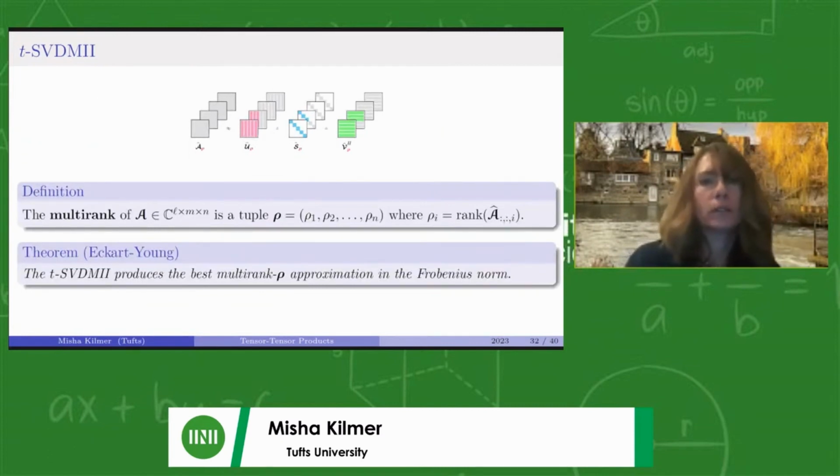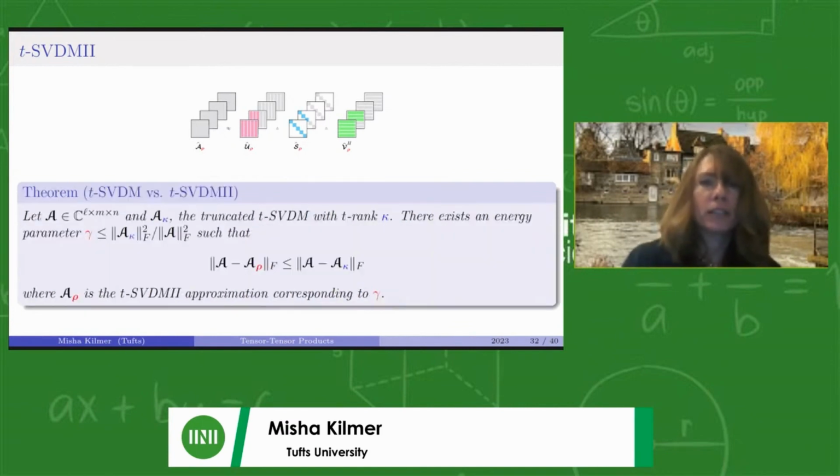We call the representation the TSVDM2 because it's a second order approximation here. But it turns out that this is even more compressible yet than the TSVDM.